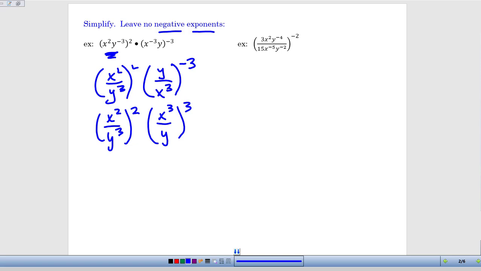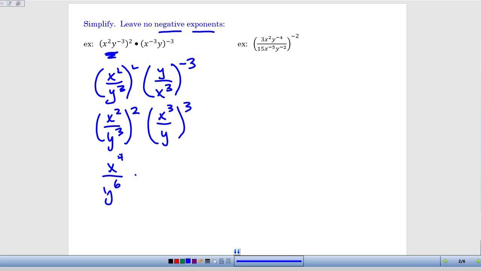Now I'm going to take those exponents outside of each of the sets of parentheses and apply them to the inside, which means I'm going to be raising an exponent to an exponent. So I'm going to multiply those exponents. So x squared raised to the second power is going to be x to the 2 times 2 is 4. And then in the denominator, y to the third squared, 3 times 2 means I'm going to have y to the 6th.